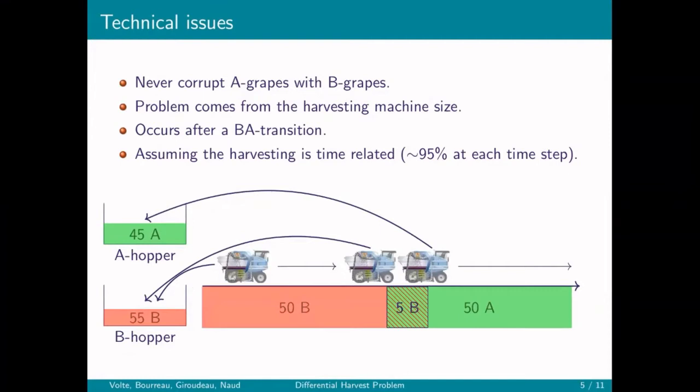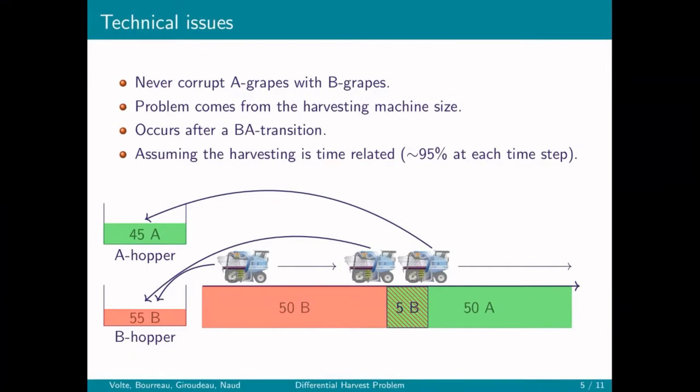But in the other direction, we can see that if we change the harvesting hopper as soon as we enter the A zone, we can corrupt A grapes with the residual B grapes stuck in the harvesting machine. So we have to wait until the machine is fully in the A zone to harvest in the A hopper.